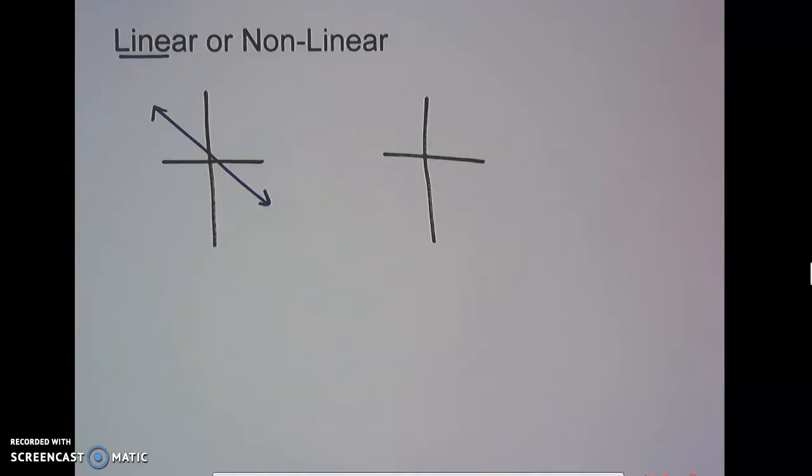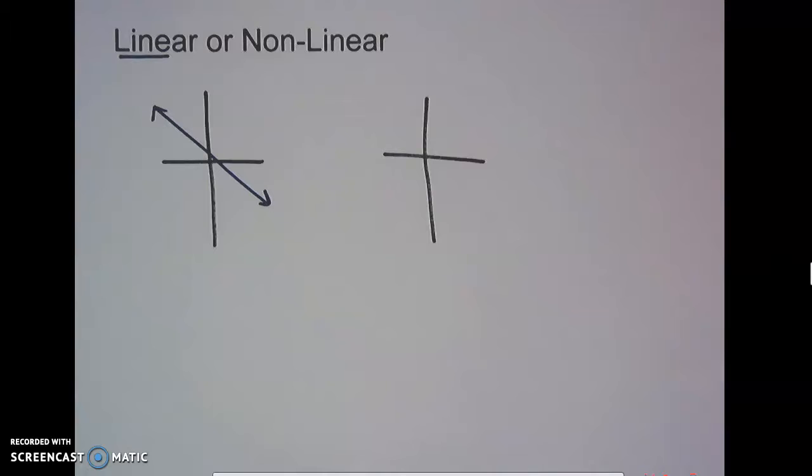But every single member of the linear function family is going to be in the form y equals mx plus b. That m is going to be important. M stands for slope.